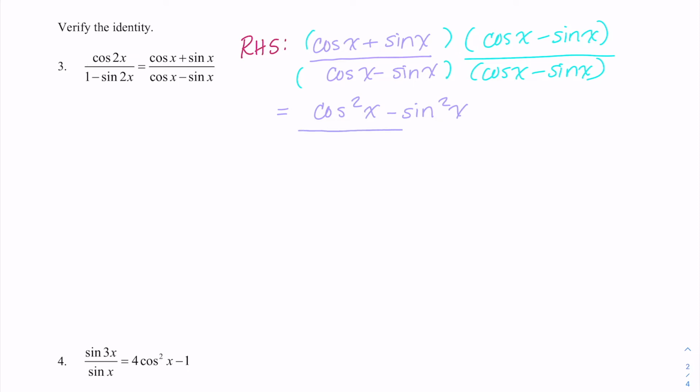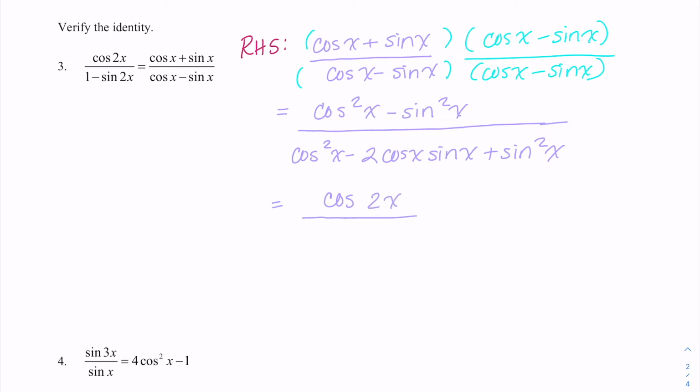And then divided by, and now let's go ahead and multiply those two binomials together. We have the cosine squared of x minus 2 cosine x sine of x plus sine squared of x. Now that numerator, like we said, should look familiar. That is the cosine of 2x. There's that double angle formula.